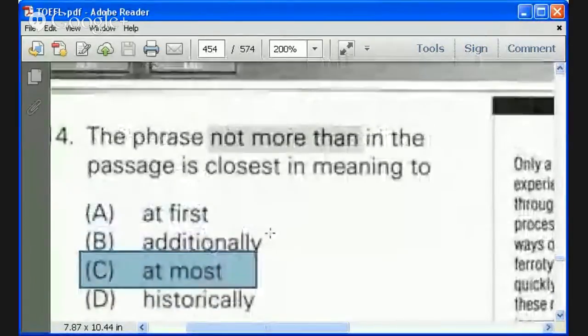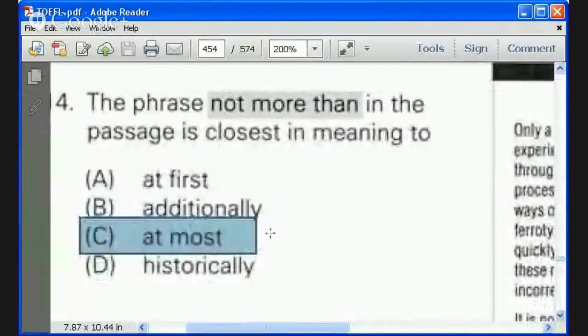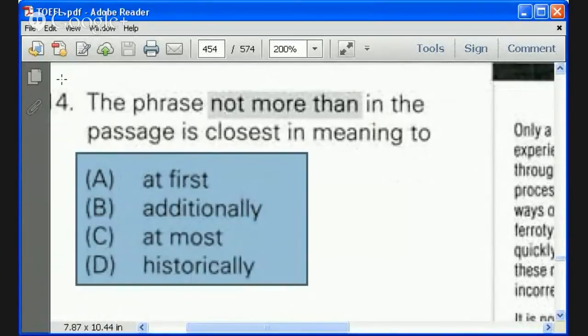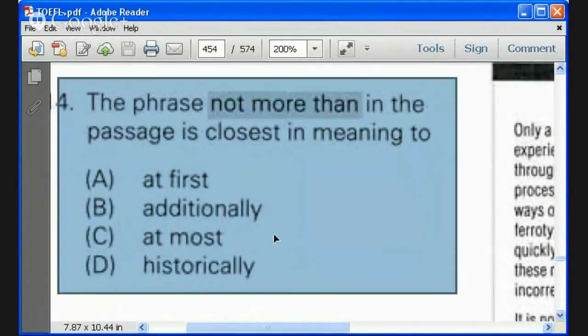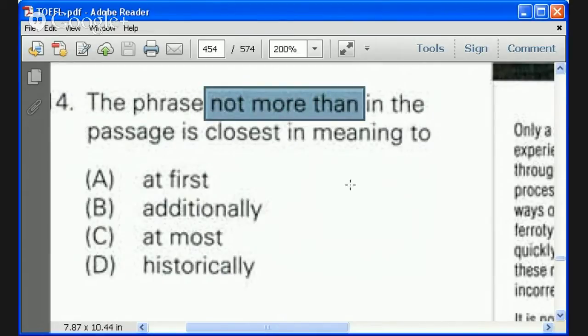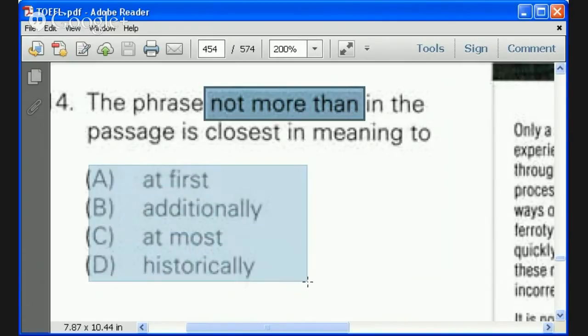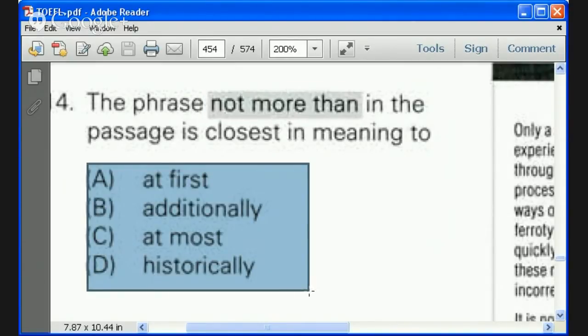Okay. Basically, that's the strategy. See if you can figure it out. Frankly, this example is pretty easy. Usually, it's going to be much more difficult. In addition, be aware that there will often be two answers which seem to work. You may be looking for, instead of a phrase, a vocabulary word, and you may see down here in your options two synonyms for different meanings of that vocabulary word.